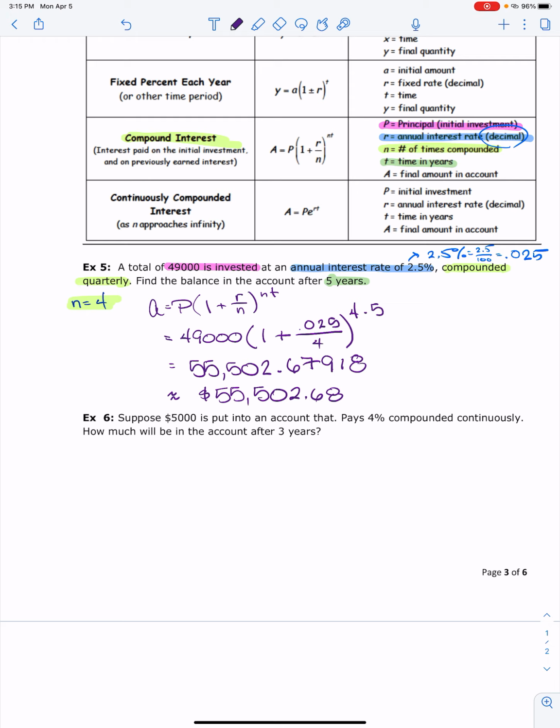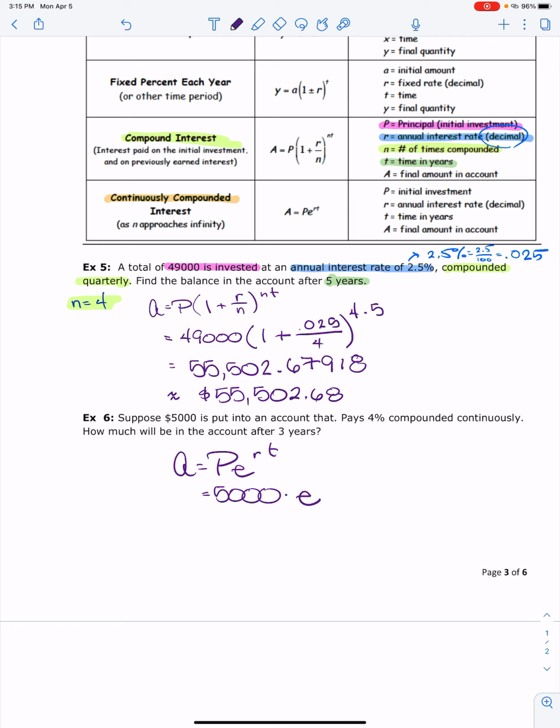Example 6, we have $5,000 put into an account that pays 4% compounded continuously. So we're using our PERT formula, A equals P e to the rt. e is a number.